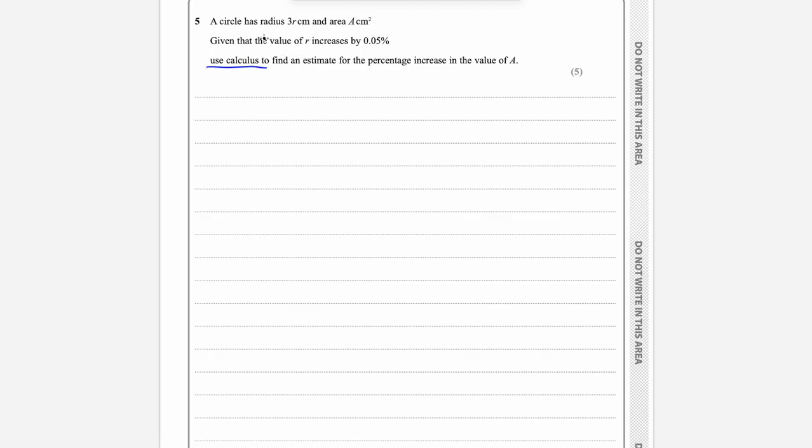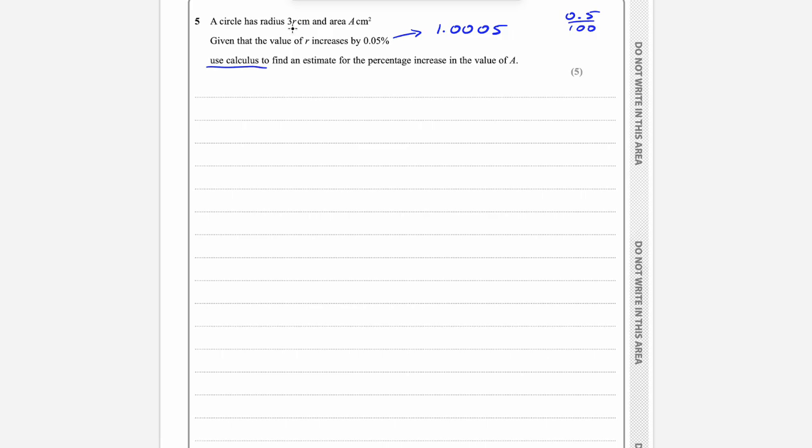If the circle has radius 3r, and the value of r increases by 0.05%, that means the multiplier would be 1.0005. That's got from 0.05 over 100, and then you have to add 1 because we're going to increase it.